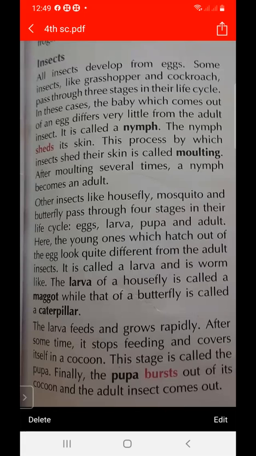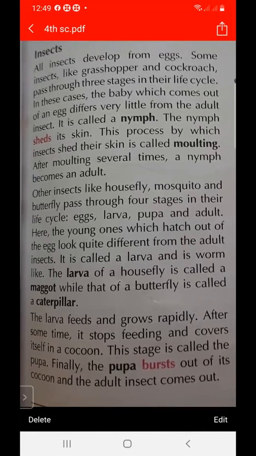The small baby that comes out of the egg is called nymph, and after the nymph, this will change into the adult. And what do you mean by molting? The process by which insects shed their skin is called molting. And after molting, this small insect changes into the adult.